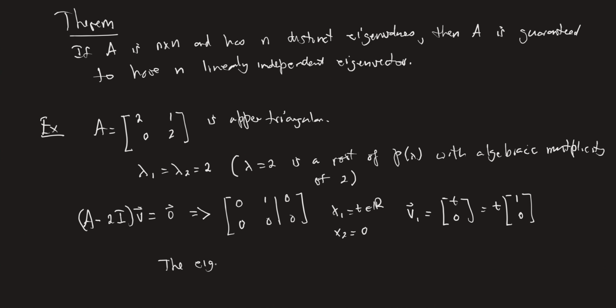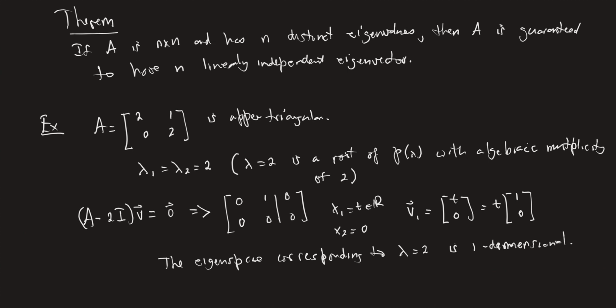So the eigenspace corresponding to lambda equals 2 is one-dimensional. I can only find one linearly independent eigenvector that spans that space.